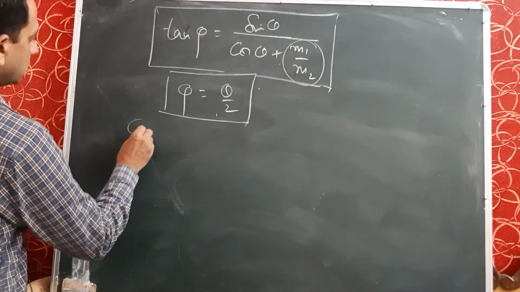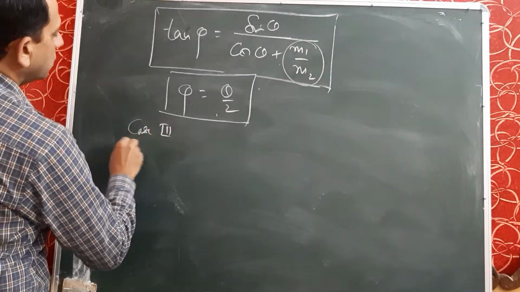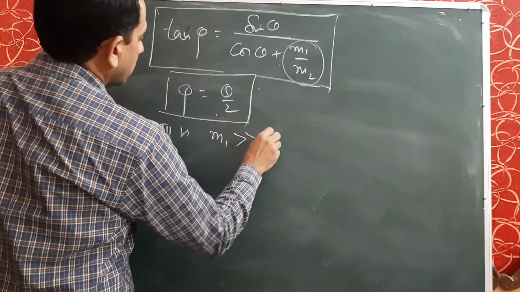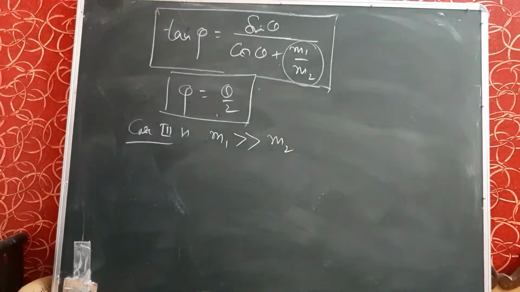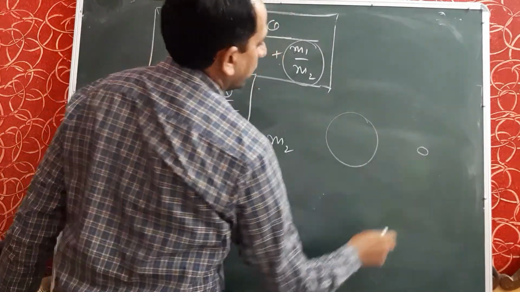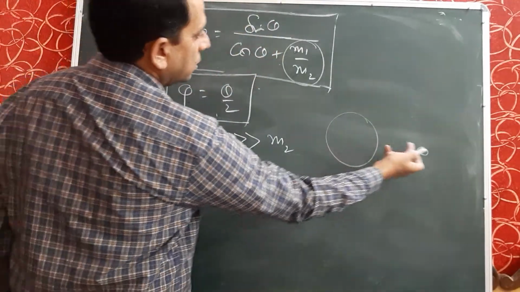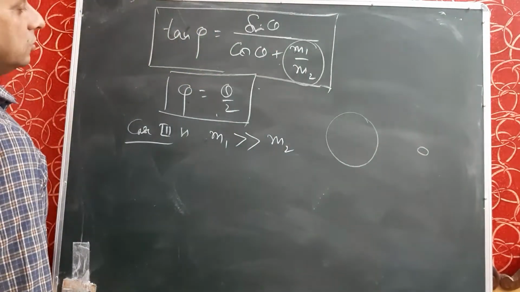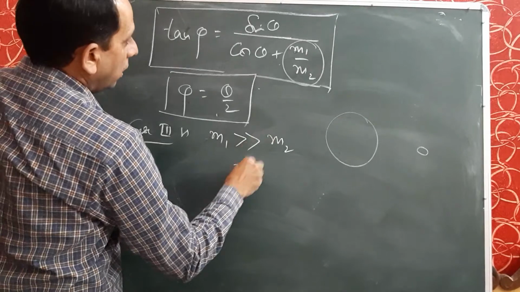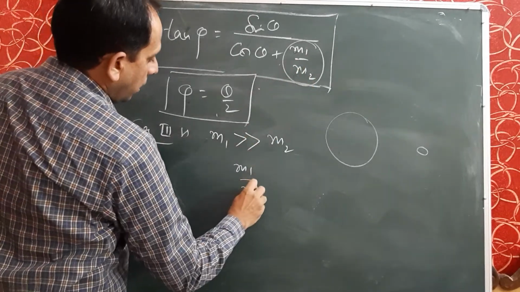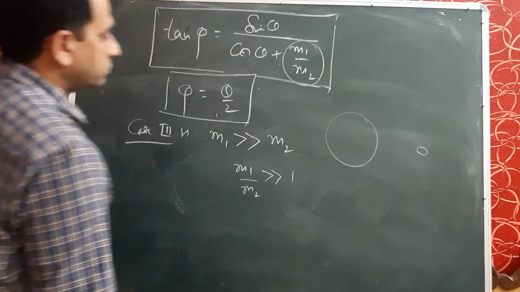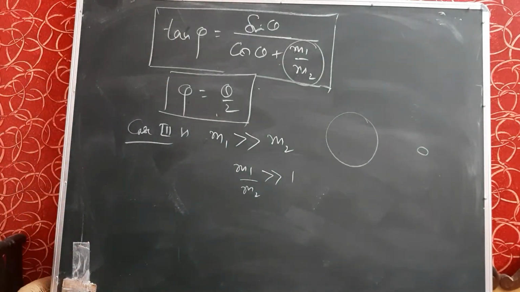And in the third case, case number 3, m1 is very much greater than m2. The first particle is very heavy and the second particle is very light. So m1 upon m2 is very much greater than 1, because this term is very large.